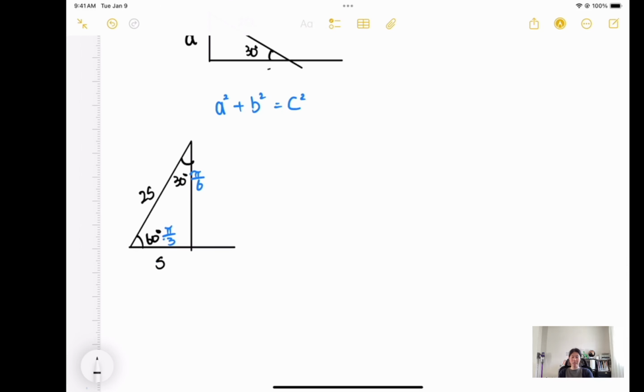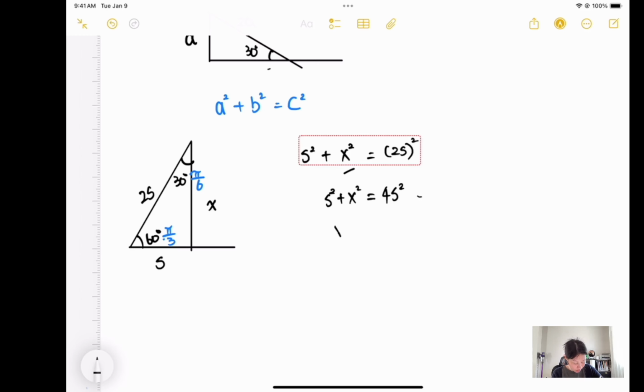So how do we find out the other side? We can apply the Pythagorean theorem. We know that x squared, the side that we don't know, plus s squared is equal to 2s squared. Now simplify it. We have x squared plus s squared equals 4s squared, right? And then we move it to one side.